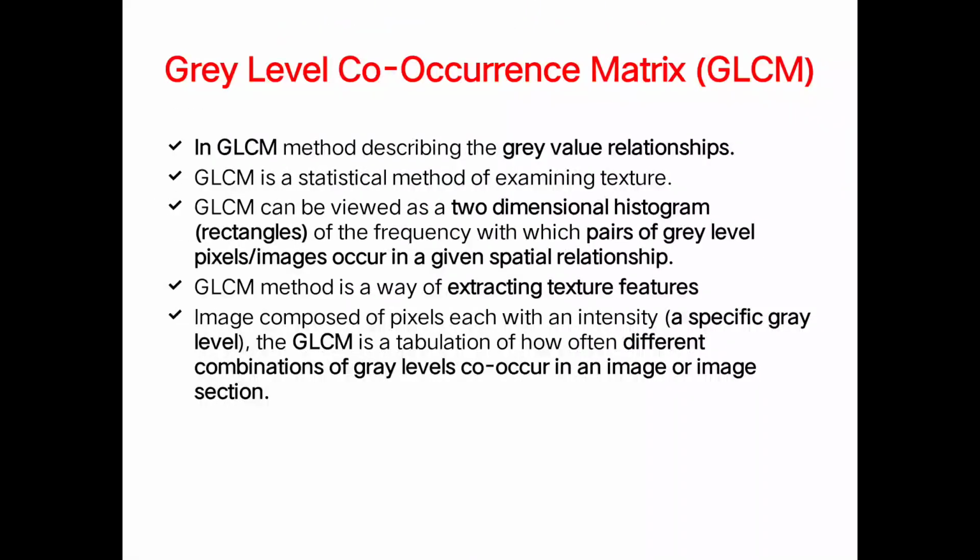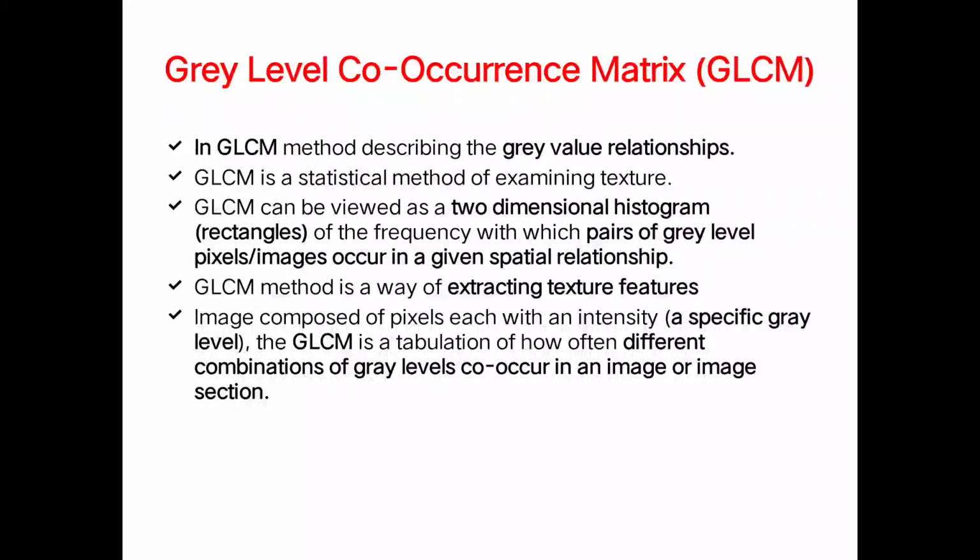Then we will discuss the next important point, the gray level co-occurrence matrix method, also called the GLCM method. This method basically describes the gray value relationship in the images.